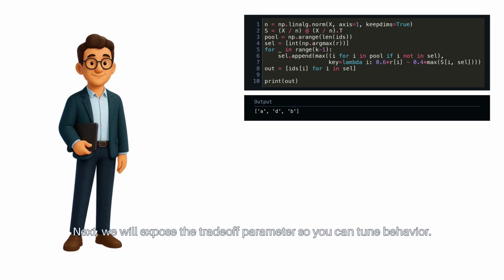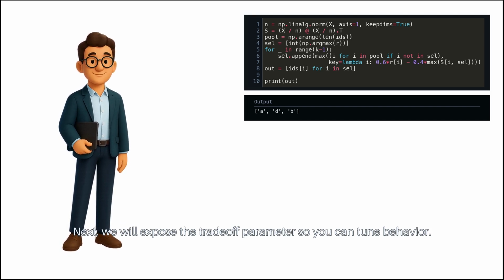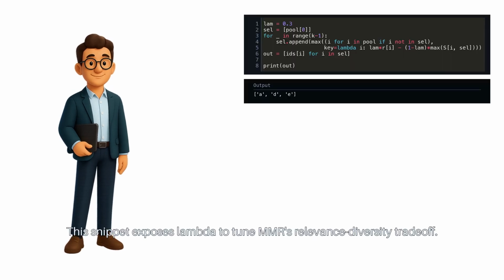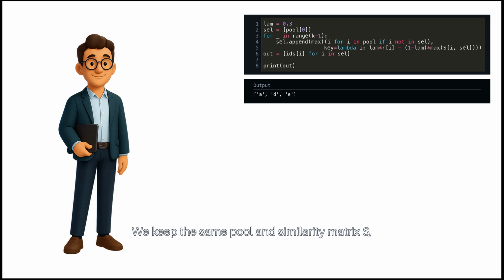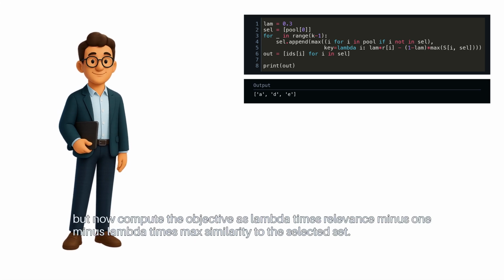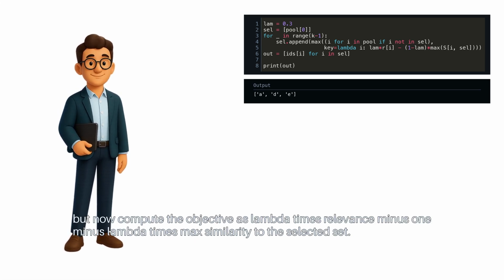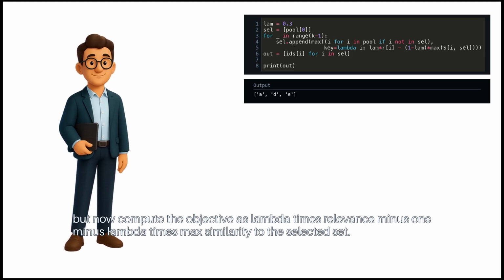Next, we will expose the trade-off parameter so you can tune behavior. This snippet exposes lambda to tune MMR's relevance-diversity trade-off. We keep the same pool and similarity matrix S, but now compute the objective as lambda times relevance minus 1 minus lambda times max similarity to the selected set.